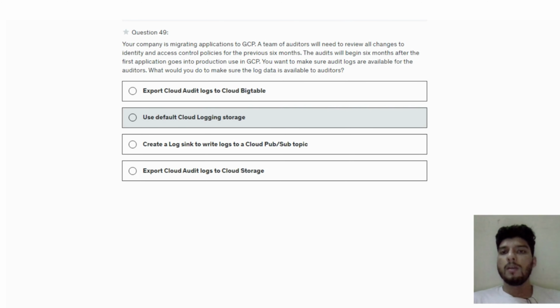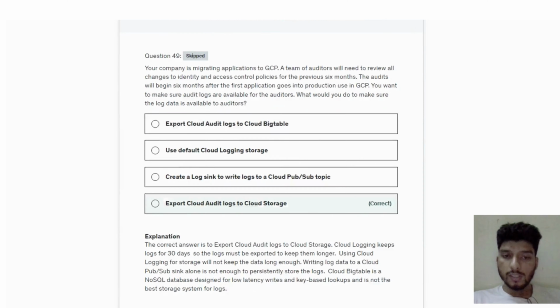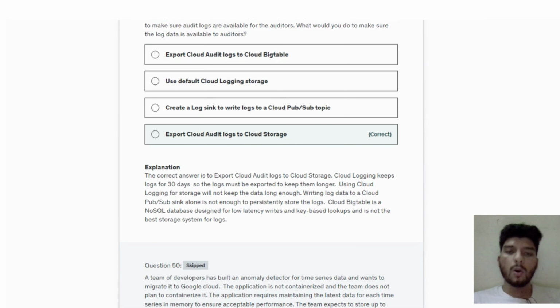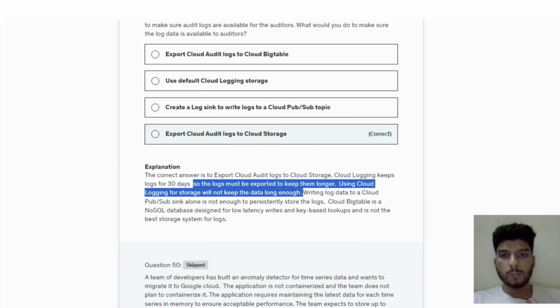You want to make sure audit logs are available for the auditors. How would you make sure the log data is available to the auditors? Here are options 1, 2, 3, 4, and the right answer is option D, export Cloud Audit Logs to Cloud Storage. Because Cloud Logging keeps the logs for 30 days, the logs must be exported to keep them longer.